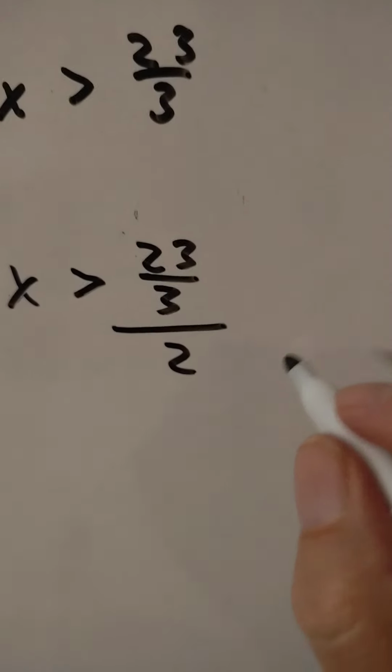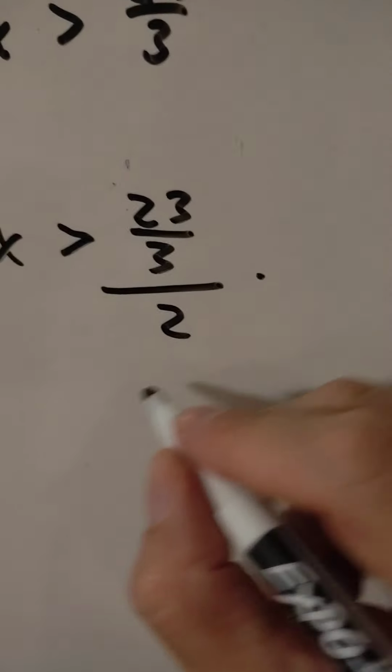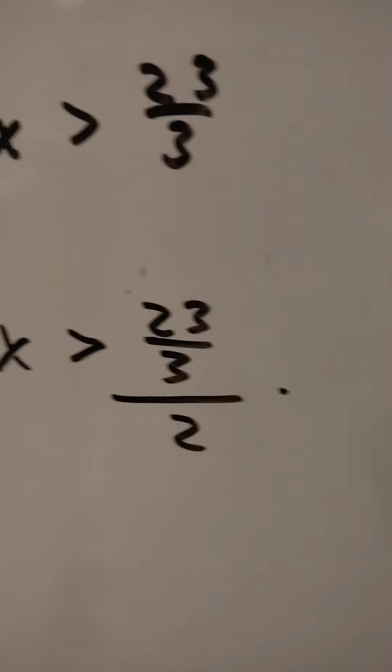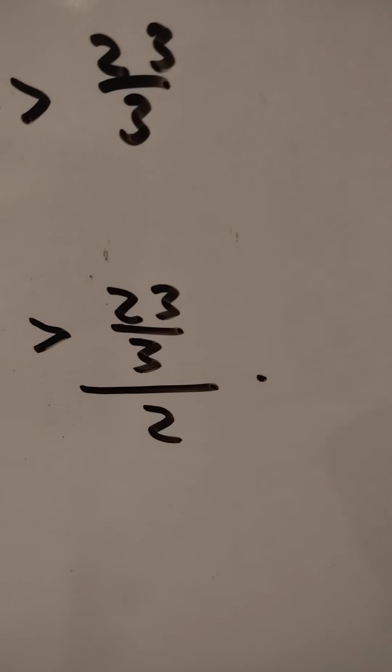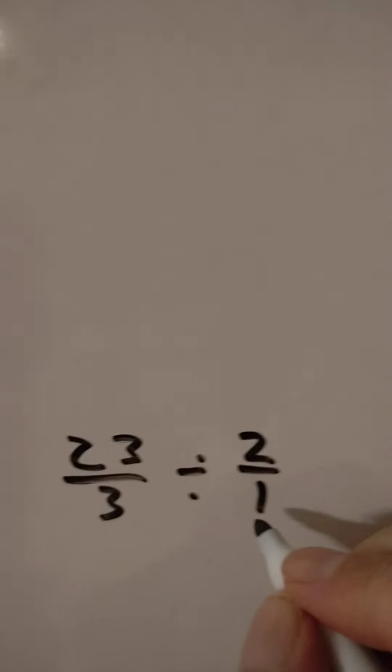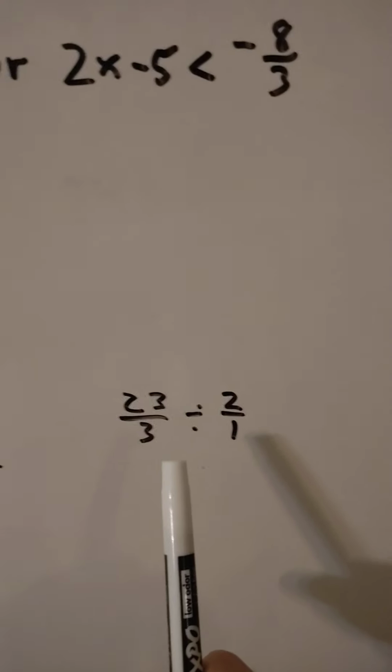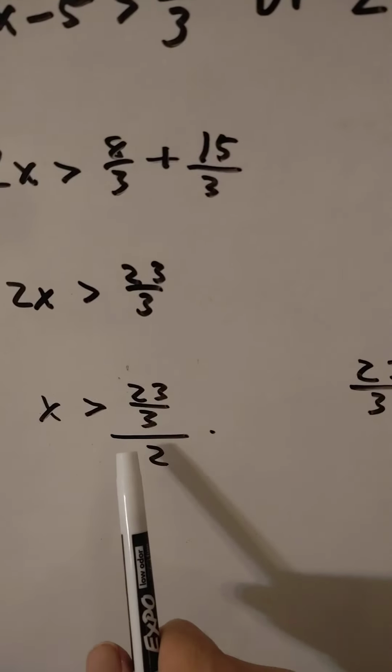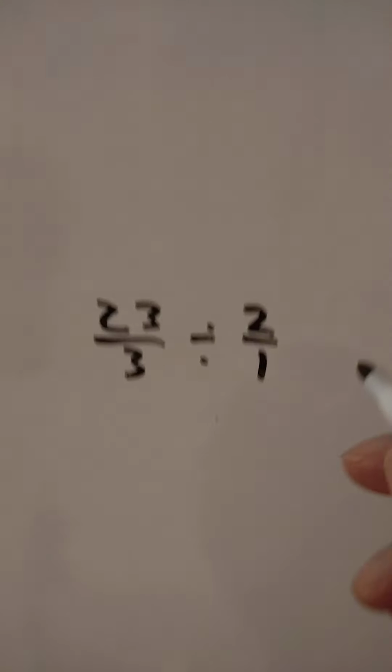That's a complex fraction. Don't leave it like that. Let me do a little sidebar here. What's 23 thirds divided by 2? Notice I changed the notation. Just makes it more friendly. Same idea. That fractional bar means divide. How do we know how to divide fractions?